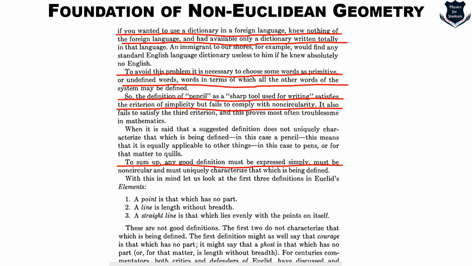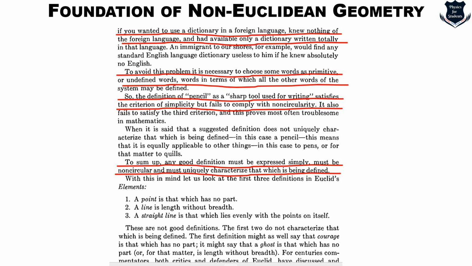So what he says here is that, to sum up, any good definition must be expressed simply and in a non-circular way, and it most uniquely characterizes what is being defined. So you see the wonderful beauty. Before starting anything, he uses a simple analogy of a pencil, and he shows that circular definitions should be avoided.